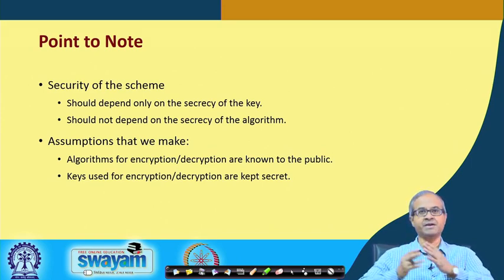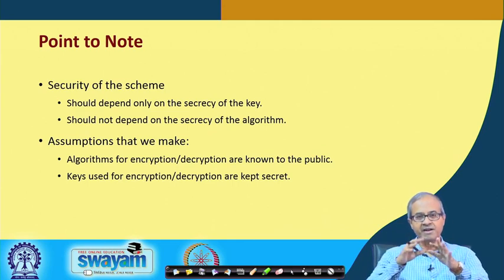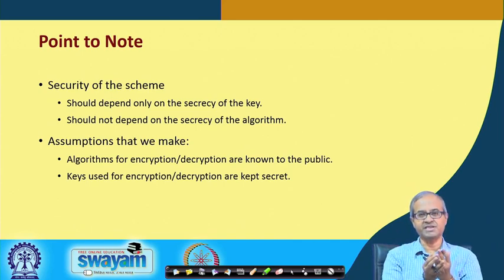Now, it is like a double edged sword. If you keep the algorithm secret, maybe the intruder will find it more difficult to try and break your code, but because you are not making it public, the general experts who are outside that organization will not be getting a chance to analyze that algorithm and identify whether there are any vulnerabilities or weaknesses.